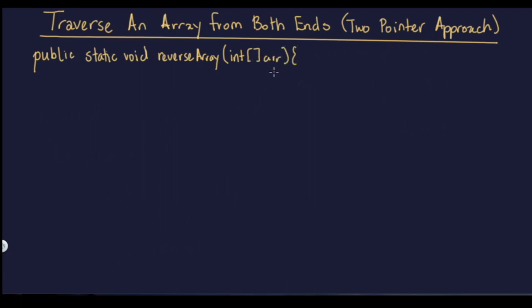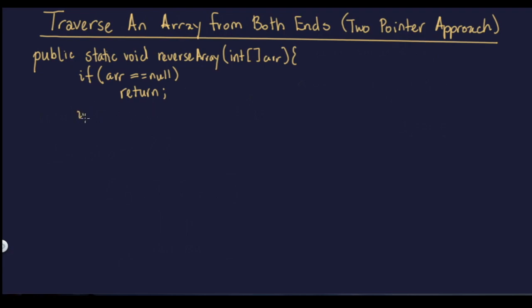And so what's the first thing we want to do? We want to first check if that array is null. And if it's null, we just want to return. So if array equals null, we want to return. All right, so what else do you want to do? We said we're using 2 pointers, so let's go ahead and declare those 2 pointers.